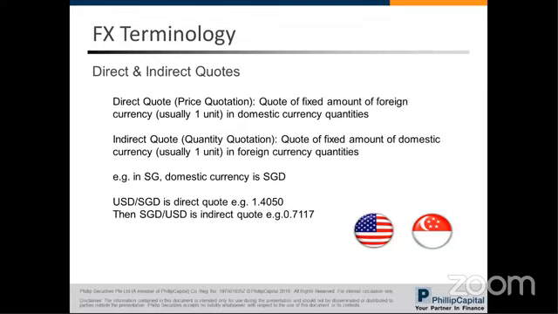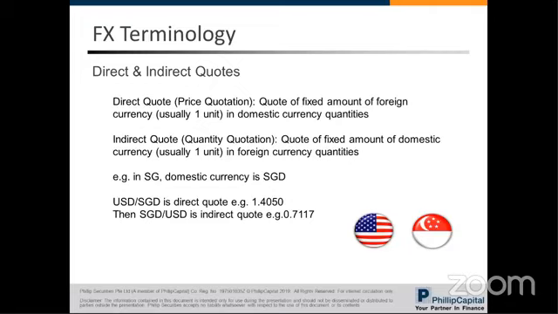To take an example, in the Singapore market, our domestic currency is SGD, Singapore dollars. The direct quote of USD, if we look at Channel News Asia, is quoted as USD/SGD, meaning the quoted currency is SGD. That is the direct quote, with an example like 1.4 something. That means $1 US would be quoted at about $1.405.